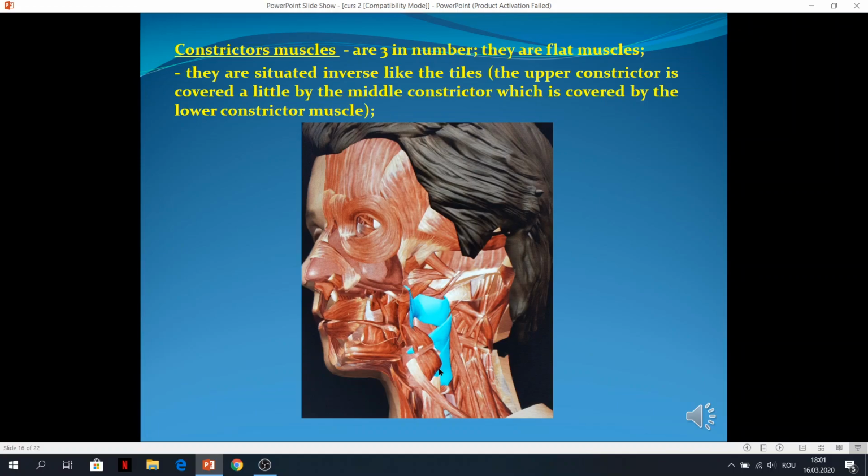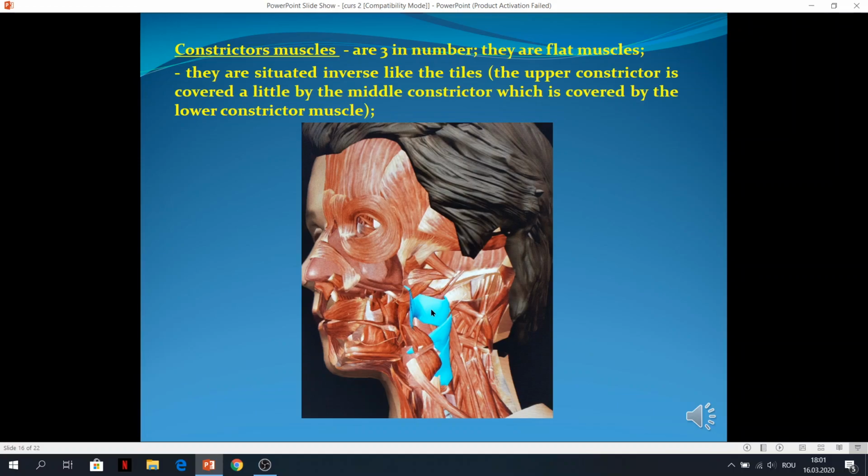These constrictors look inverted like tiles, because you can see the superior is covered in its inferior part by the middle constrictor. The middle is covered on its inferior part by the inferior constrictor. So they contract successively, and in this way determine the progress of the food downward.